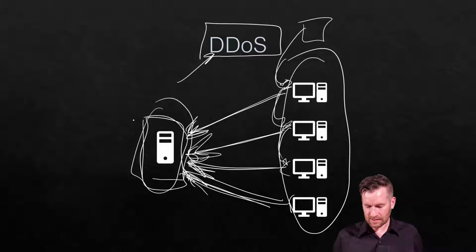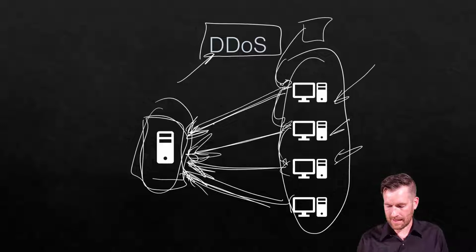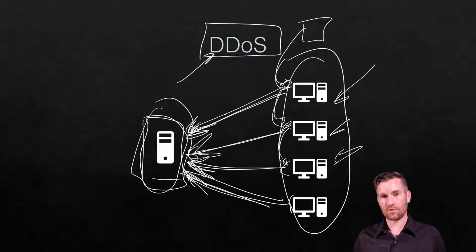So it essentially builds a bunch of zombie hosts that are going to do the attack, and then instructs them at the same time to do a distributed denial of service attack.